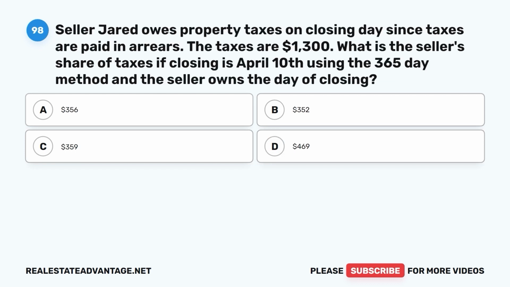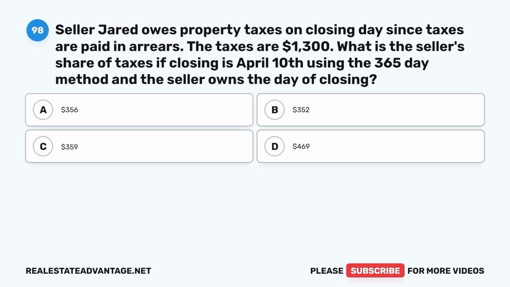Question 98. Seller Jared owes property taxes on closing day since taxes are paid in arrears. The taxes are $1,300. What is the seller's share of taxes if closing is April 10th, using the 365-day method and the seller owns the day of closing? A. $356. B. $352.